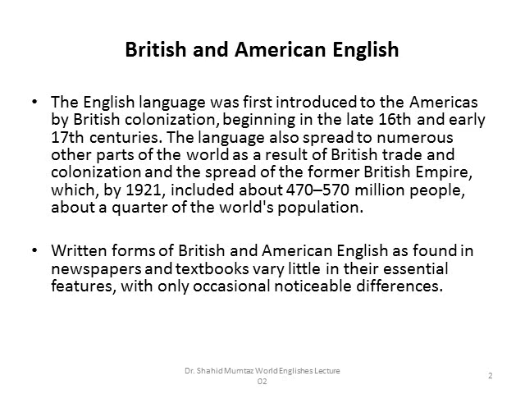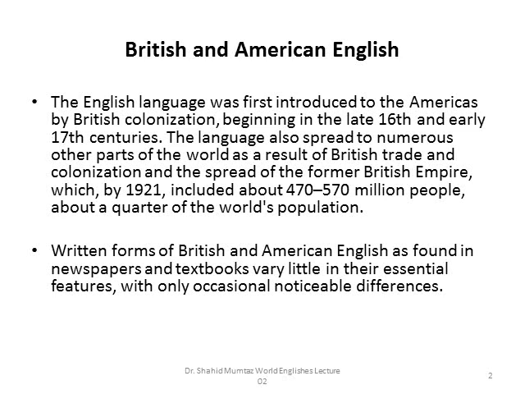So it means about 25% of the people were under the British Empire by 1921. That implies that English had reached about 25% of the population of the world by 1920.